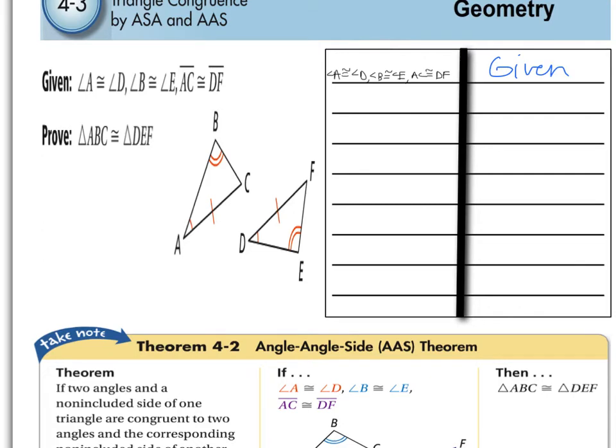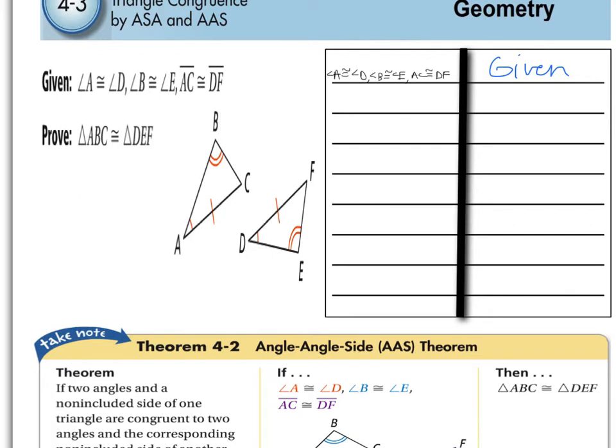If you were to flip the triangles over as you're looking at this proof, you will notice that you could say they're already congruent by angle-angle-side.